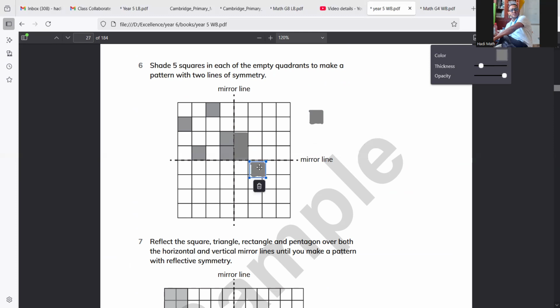You will be shading this one here, so it will fold over this one. You will shade this one over here, so to fold over this one. You will shade this one here, so to fold over this one. Regarding this one, you will be shading those two here. This one will be shaded. This one will be shaded. Then you will be shading this one here.